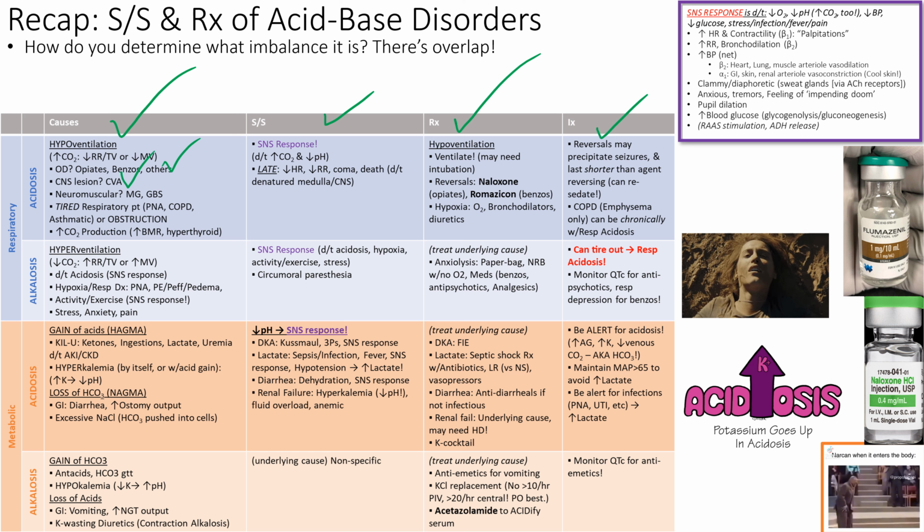This is the severe side of it. When you have really, really low blood pressure or really, really low O2, you can develop respiratory acidosis because your medulla is not able to send the signal out to breathe. A tired respiratory patient, someone super tired, is going to not breathe well.